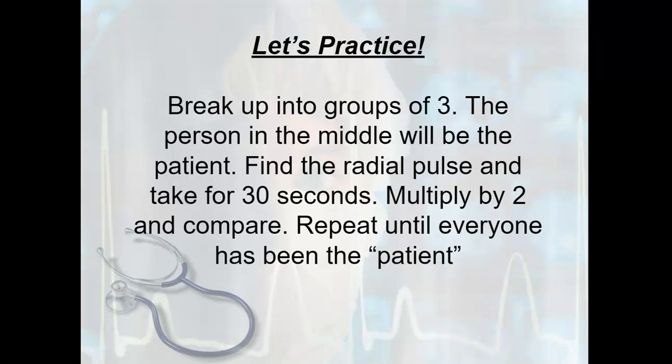Okay, if you get within 6, all right, so let's say that I get 30 times 2 is 60, and my partner gets 33 times 2 is 66, so we got 60 and 66.